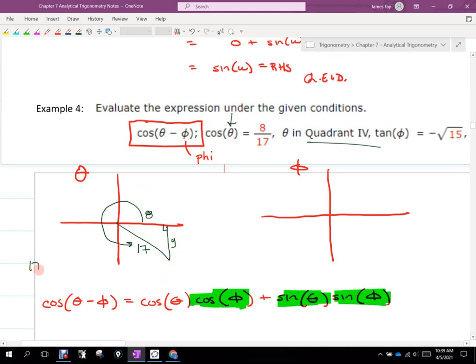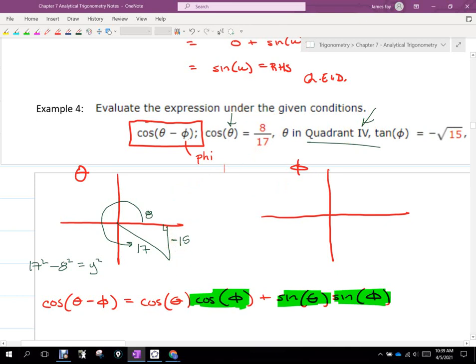I can say 17 squared minus 8 squared will equal y squared. 17 squared is 289, 8 squared is 64. Subtract those, you get 225. What's the square root of 225? 15. Now, here's where it's important. You're in quadrant 4, so that value is 15, but it's negative 15.